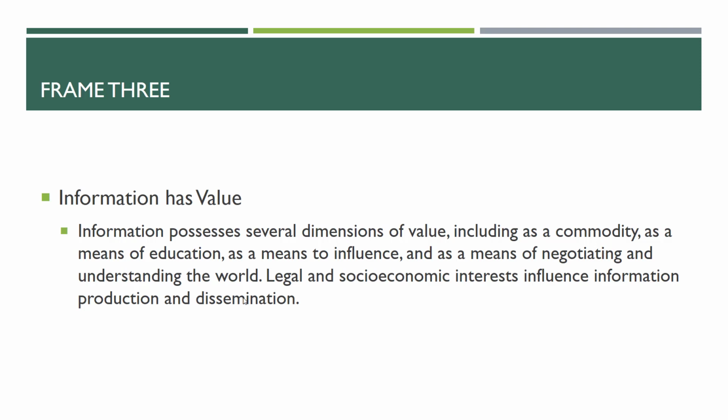That information has a lot of financial value. And so that brings us to the second sentence: there are legal and socioeconomic interests that influence information production and dissemination. Dissemination is a fancy way of saying how it's given out to people, how it is sent out, whether it's in print or online with the internet, how it is being given to other people.